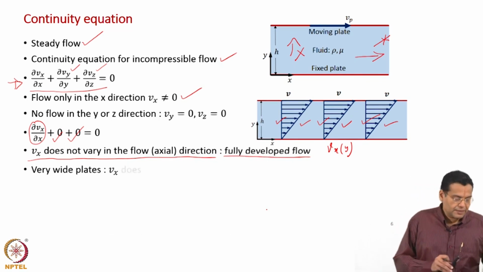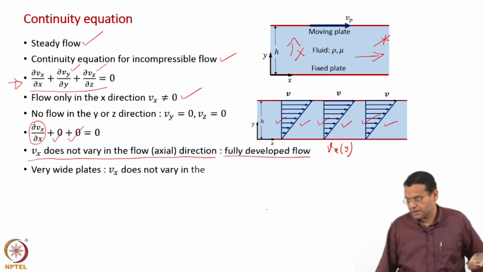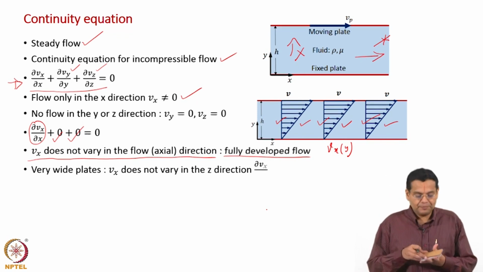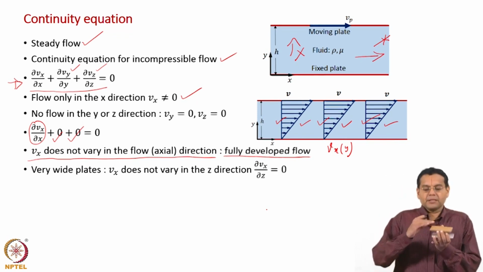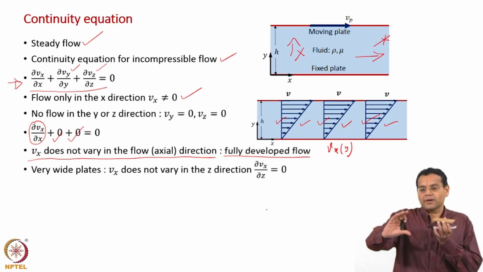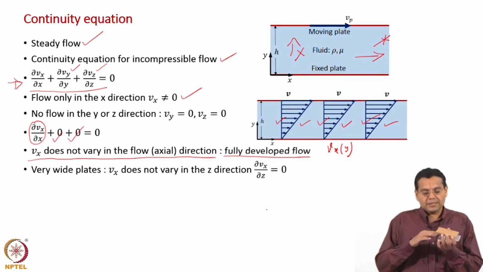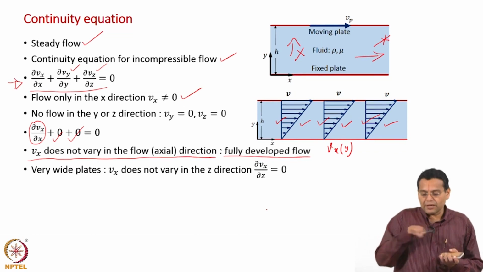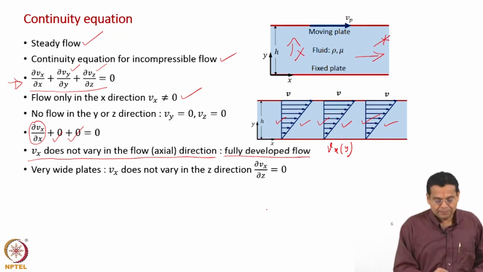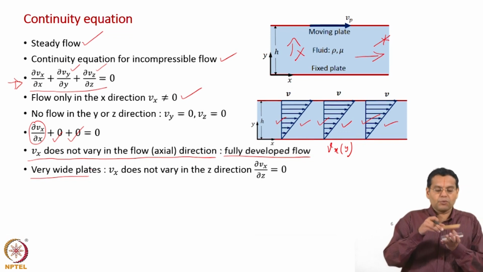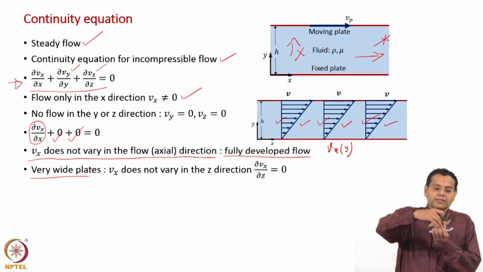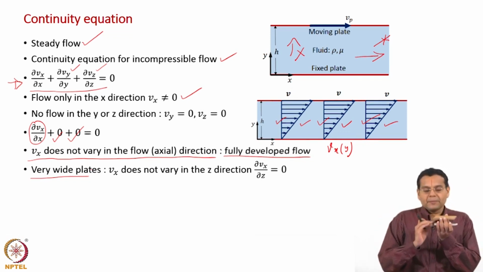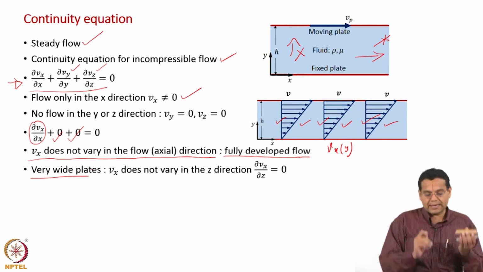Now, what we next do is, as part of our assumptions specific to the problem, I say that the plates are very wide, very wide in the z direction, and so there is no variation of x velocity in the z direction. Very wide plates, when I say wide, this is width, and so there is no variation in the z direction.